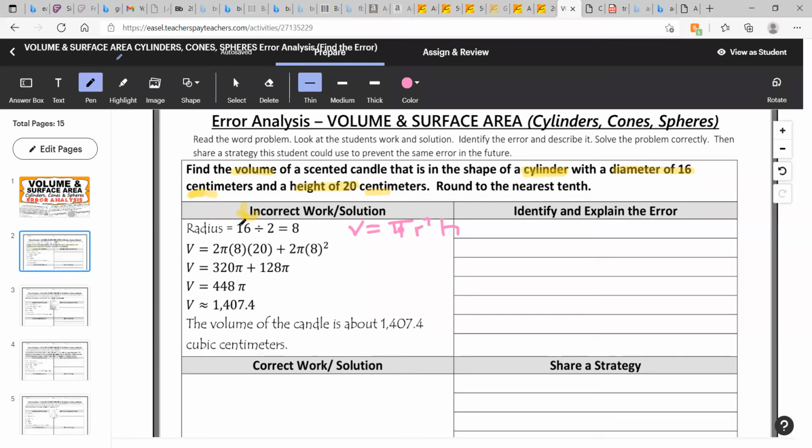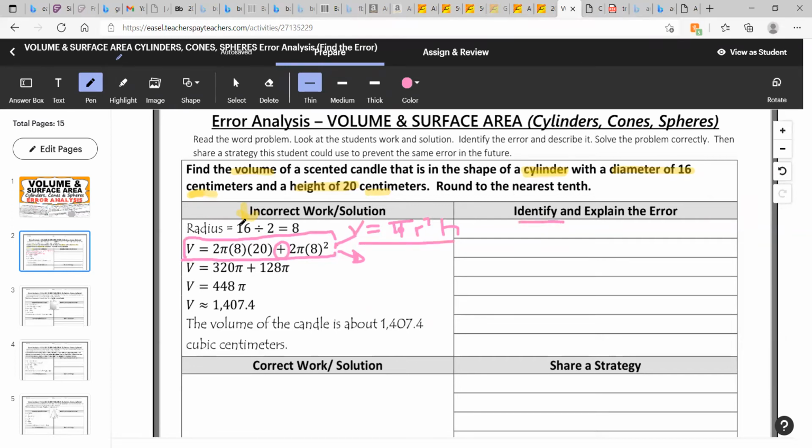Looking at the formula that the student used, this is wrong. First of all, you can see a plus sign. We don't have a plus sign in the formula for the volume of a cylinder. Everything might be right from this step on, but the part that the student got wrong was he used the wrong formula.